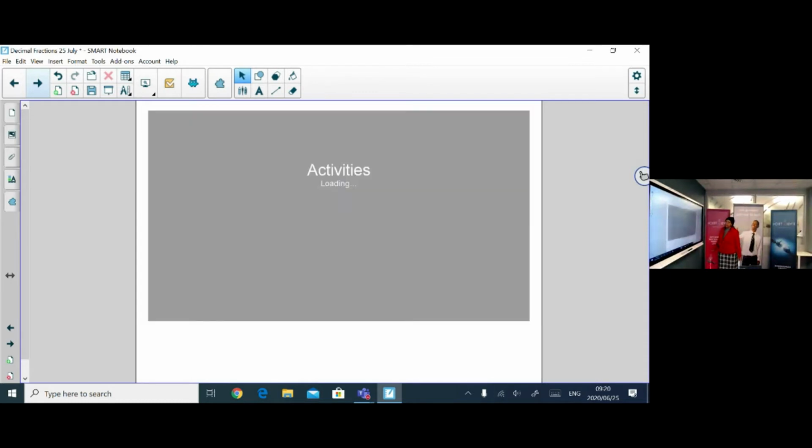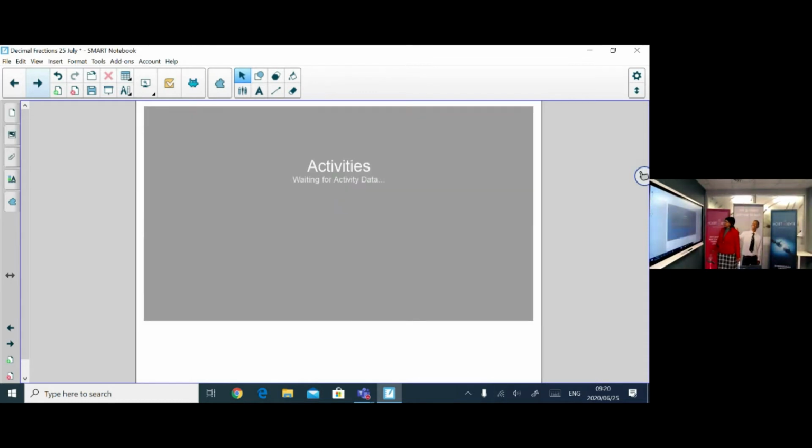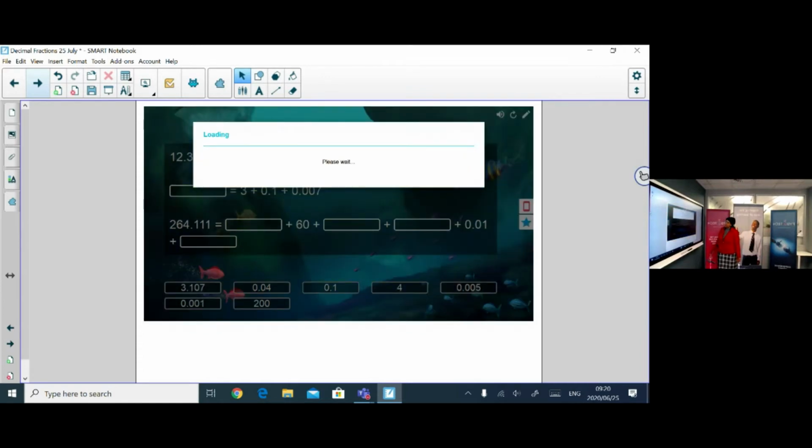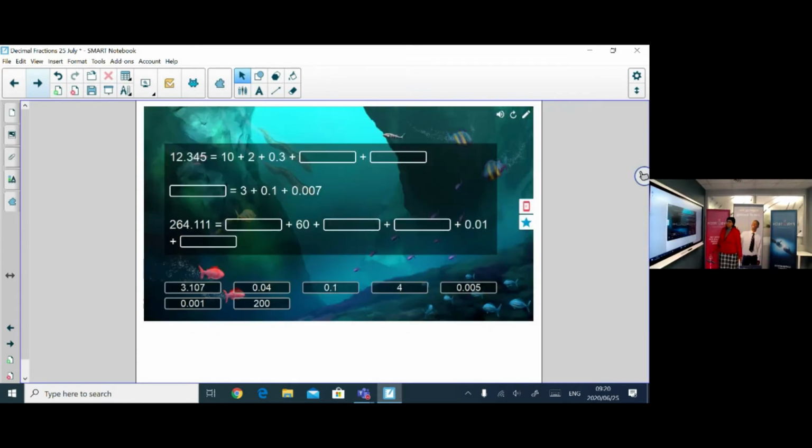So we are waiting for the activity while it's loading. To practice what we've just done now, I would like you to have a look at this one and visualize, we're having two numbers whereby we need to complete our puzzle there.